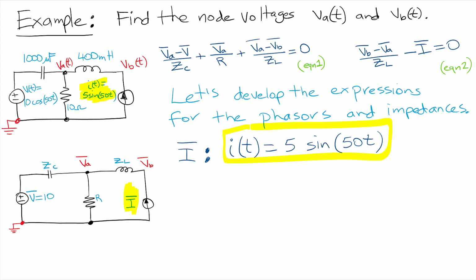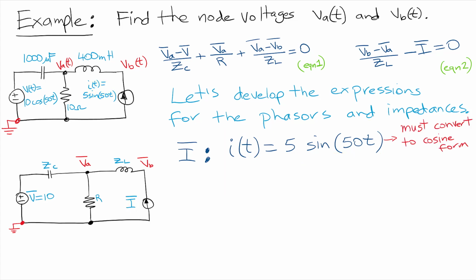And what we have to do is convert that sine into a cosine in order to be able to write the phasor form, okay? All of the phasor forms require that the function be written as a cosine function, okay? So we can't use sine directly. We got to translate sine into cosine.